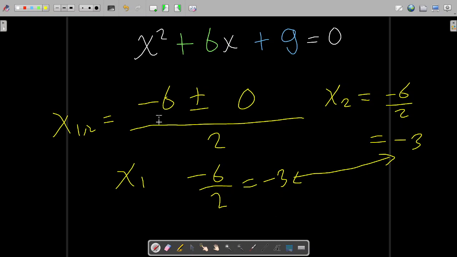So when you are to answer what is the root of this quadratic equation, you don't need to write that root 1 is minus 3 and the second root is minus 3 as well. You just need to write that x is equal to minus 3, as it only has one root, and this is a repeated root.